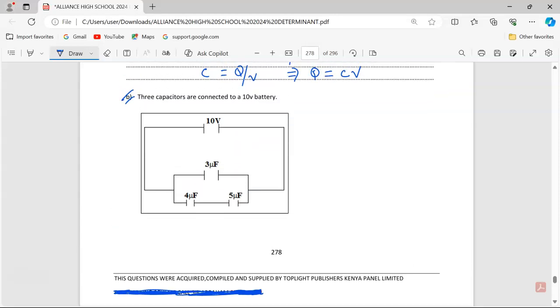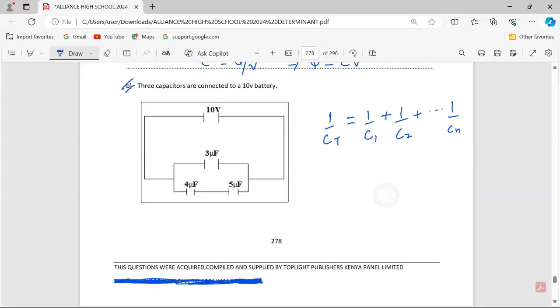Capacitance, when in series, like the 4 microfarad and the 5 microfarad capacitors, is given by 1 over total capacitance equals 1 over the first capacitance plus 1 over the second, until you add all of them. That is for the case of the series connection.